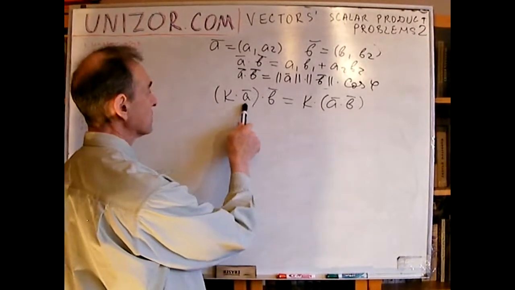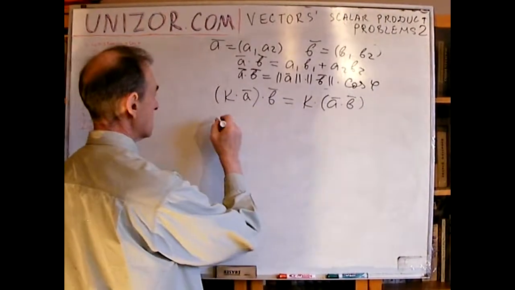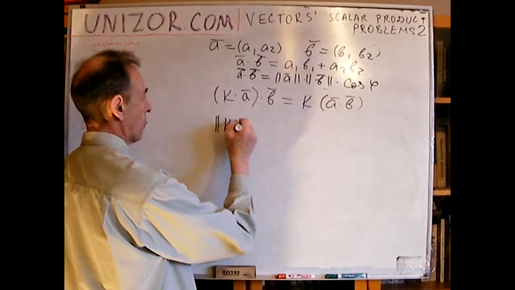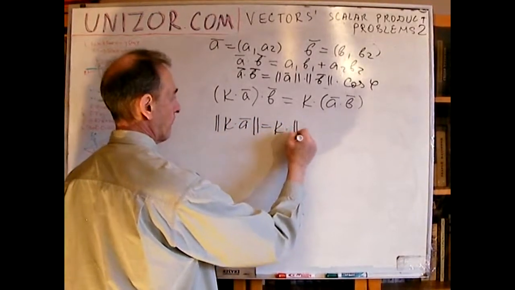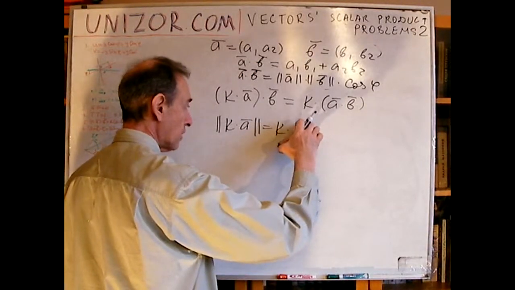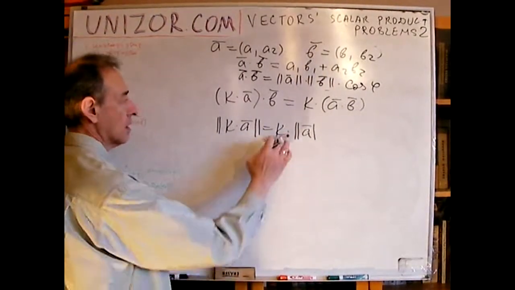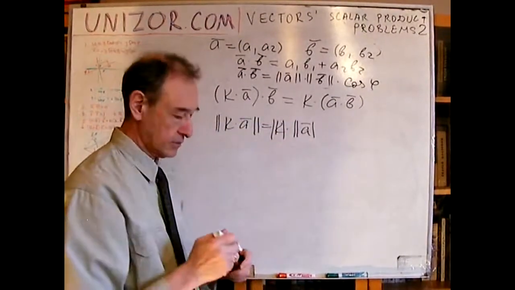So what's the length of k times vector a? Well, the length is equal to, by definition of the multiplication, actually, I have to put absolute value here.